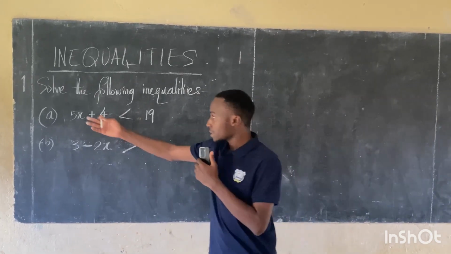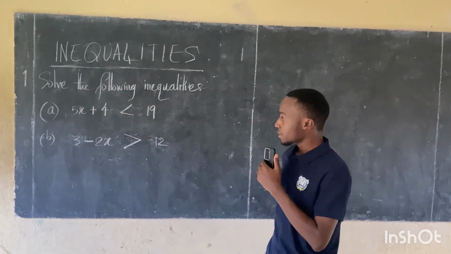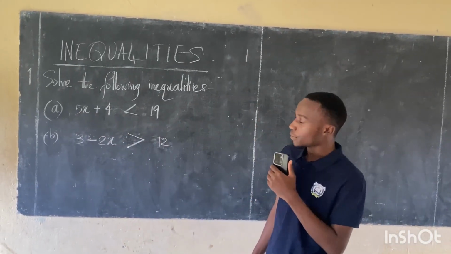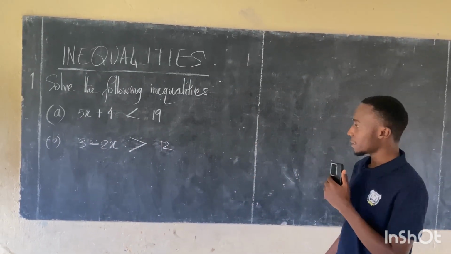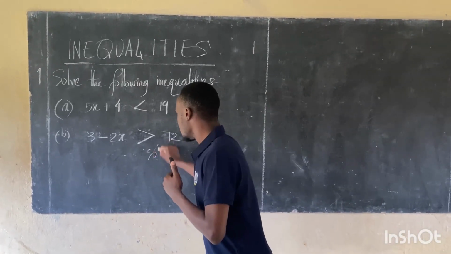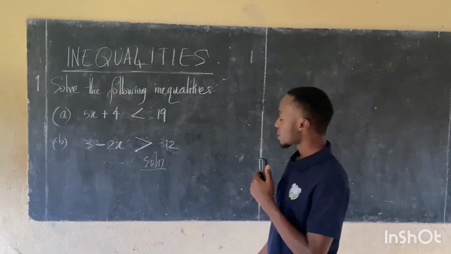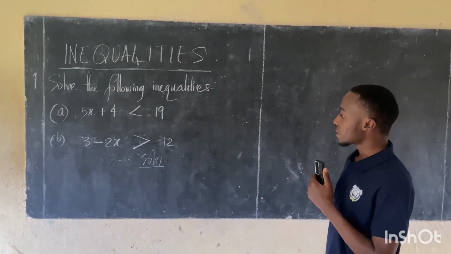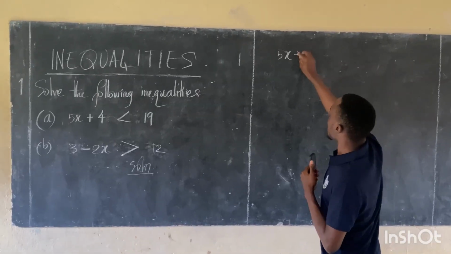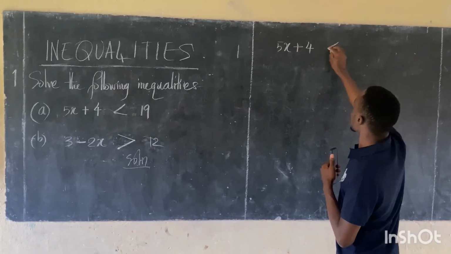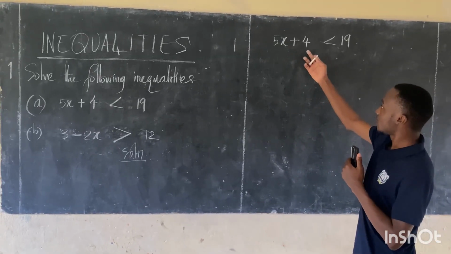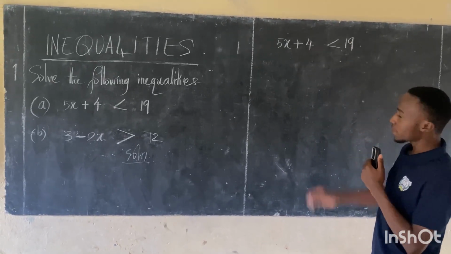So our question says, solve the following inequalities. And part A says 5x plus 4 is less than 19. So our solution for part A, we shall say that 5x plus 4 is less than 19, and we shall make sure that this 4 is taken to the right.